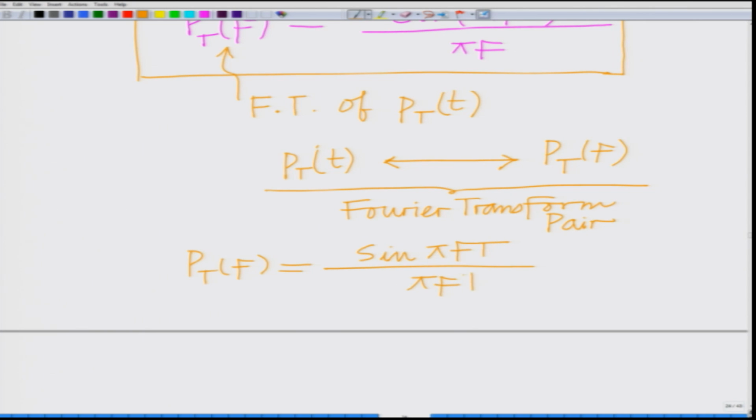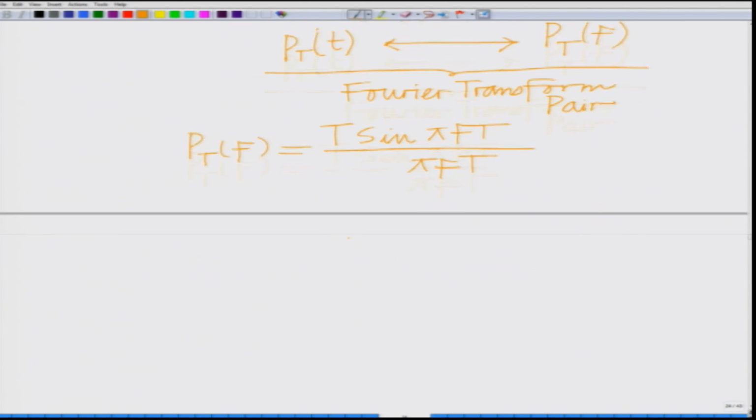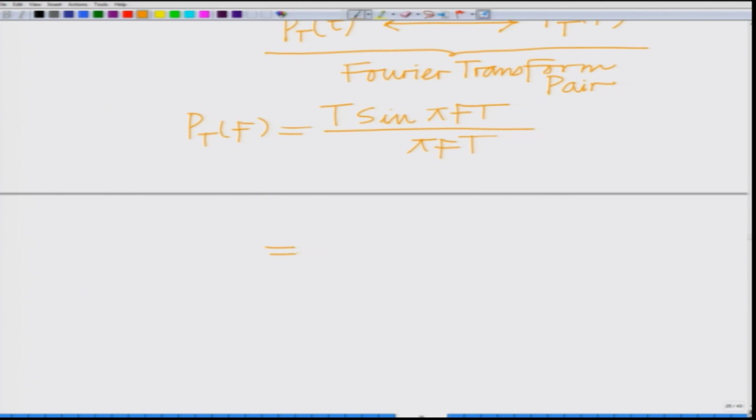as follows. I can multiply the denominator by capital T and the numerator by capital T, and I can now write this as T sinc(fT), where this function sinc of x is a very interesting function and arises frequently in communication and signal processing.